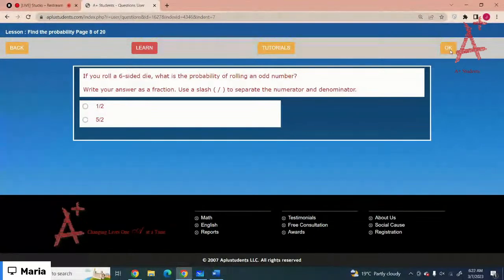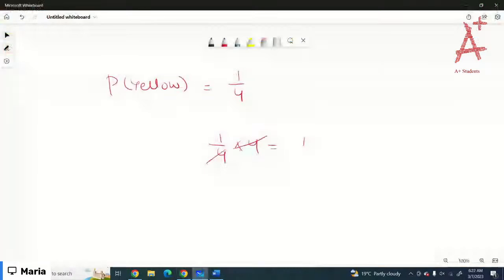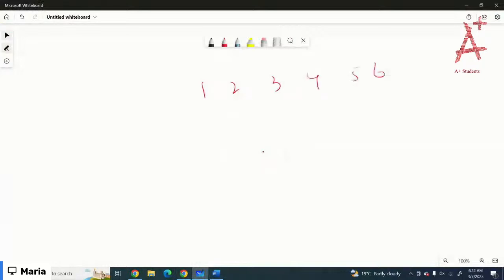One over two it is. Got it? Just look at the numbers on a die. You have six numbers: one, two, three, four, five, six, and three numbers, one, three, and five, are odd. Got it? So the probability of odd is 3 over 6, and when you simplify 3 over 6, it would be 1 over 2. Got it? It is 1 over 2.